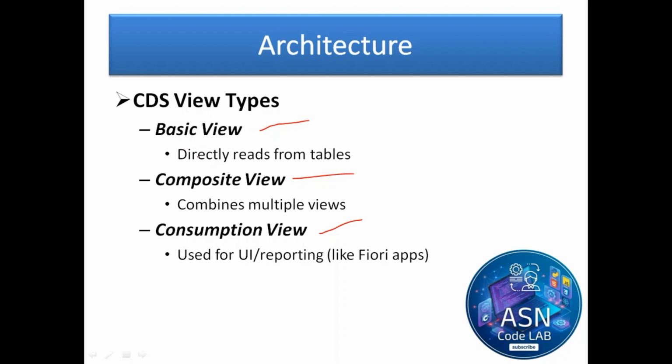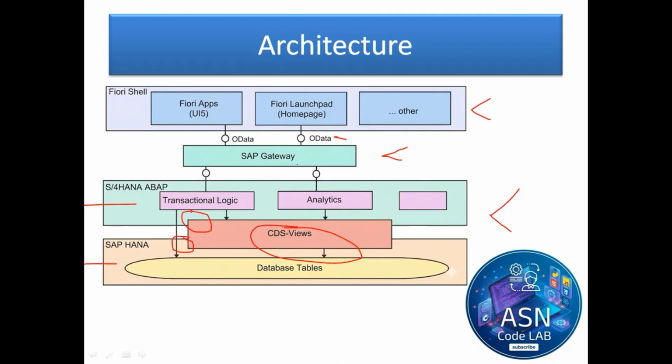So if you see, the basic view directly reads from the tables. So we have a CDS view here, and our basic view will act here. So the CDS view reads data from the database table.